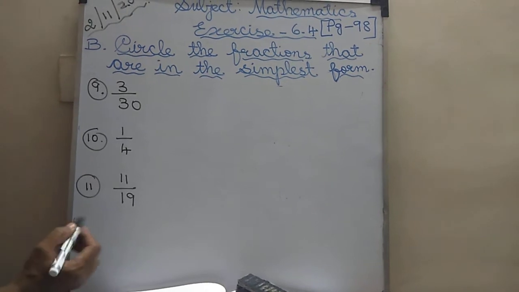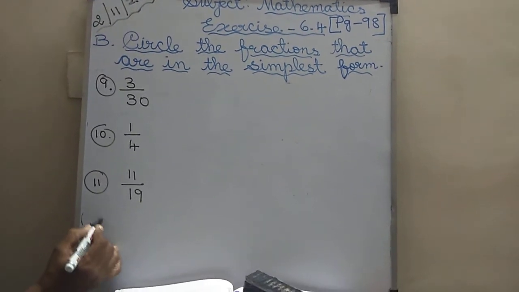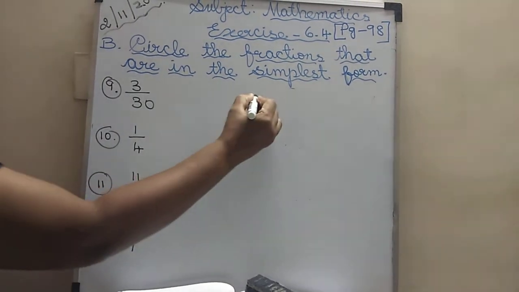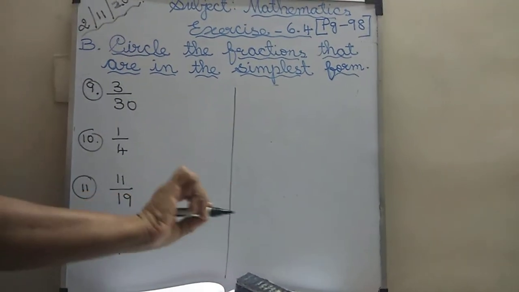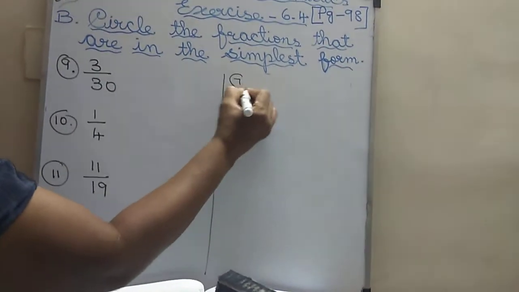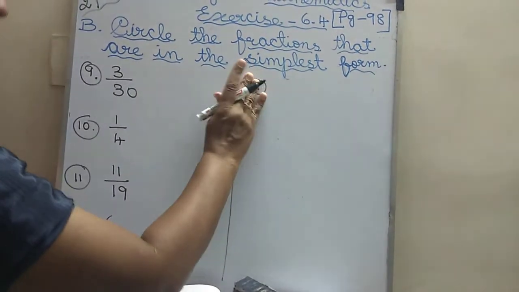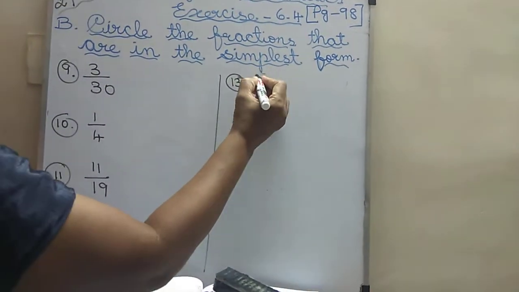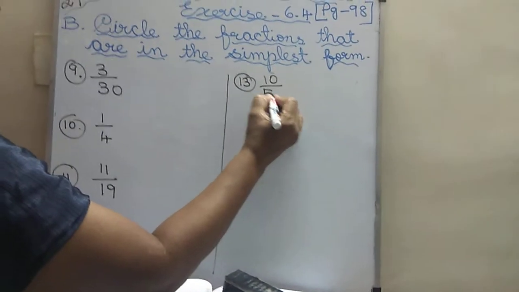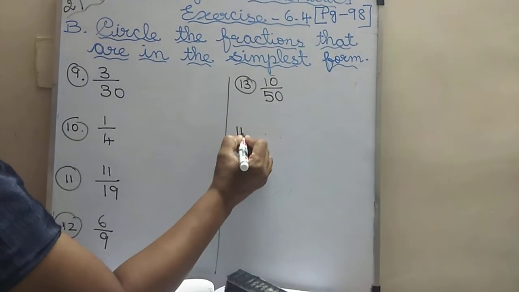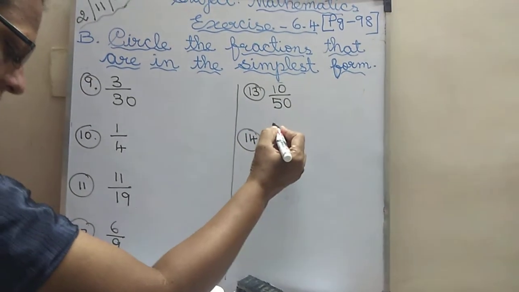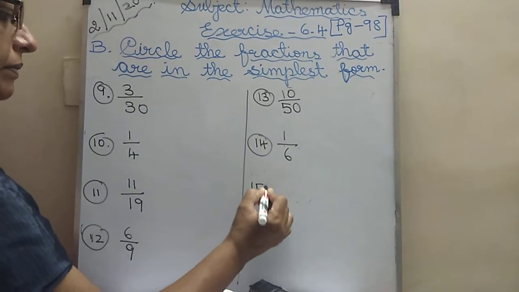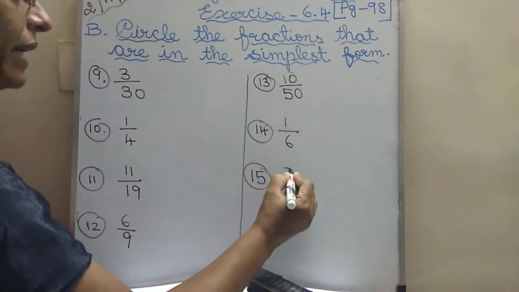Don't scribble, okay? 12th sum, 6 by 9. And then 13th sum, 10 by 50. And the 14th sum, 1 by 6. And the 15th sum, 2 by 10.